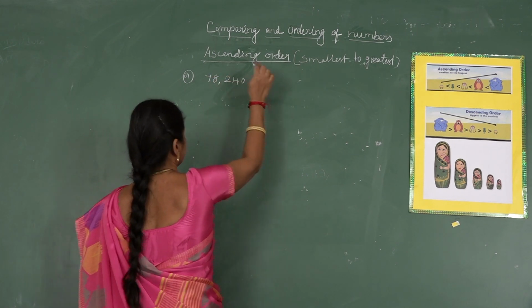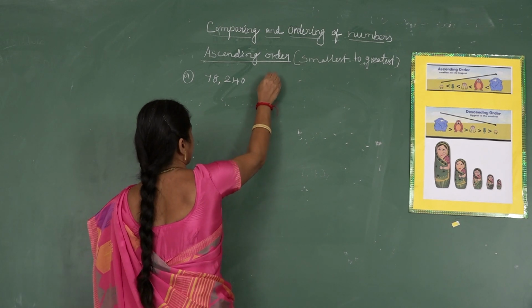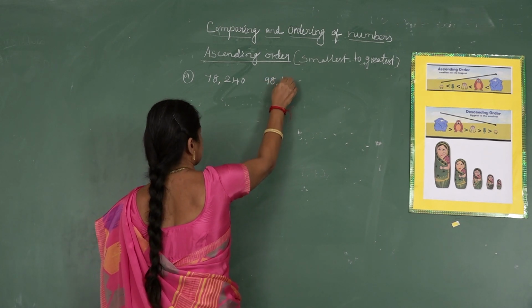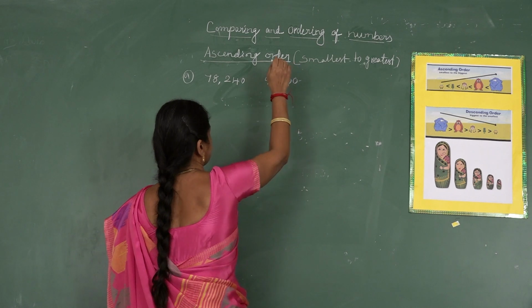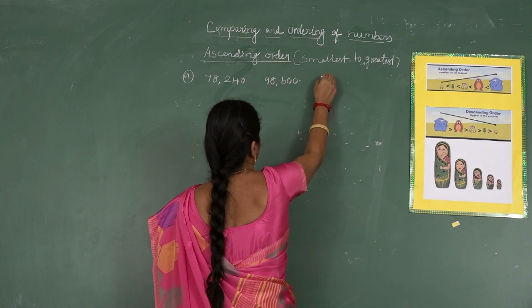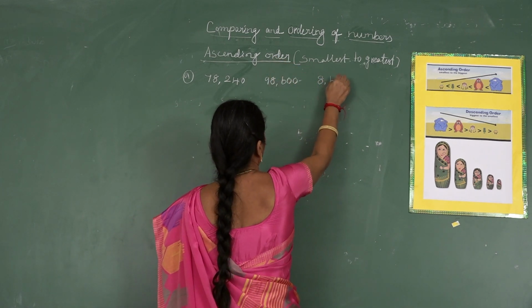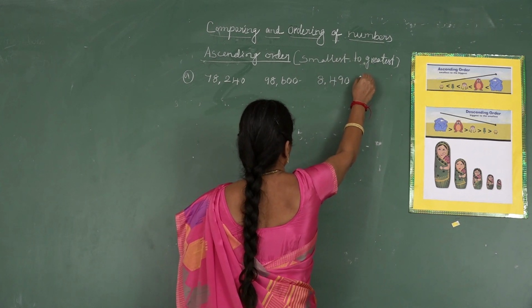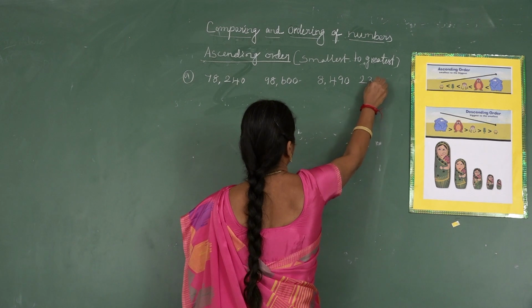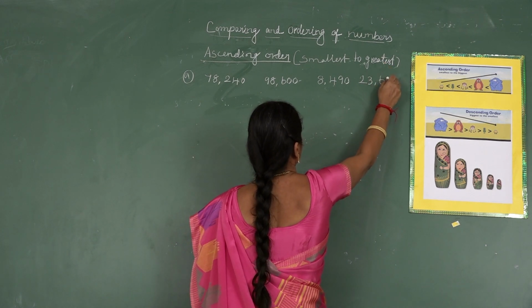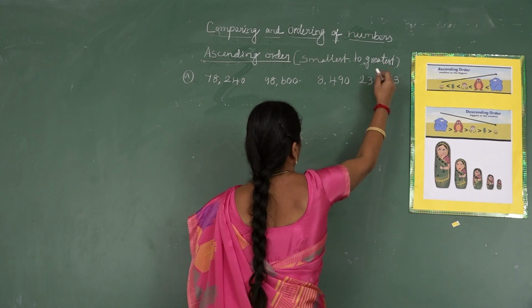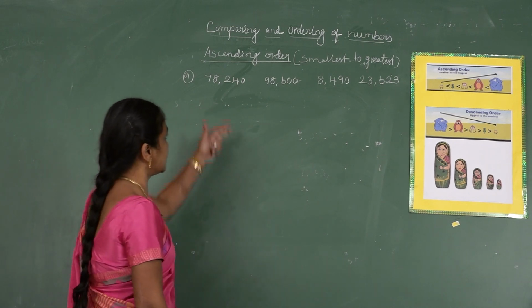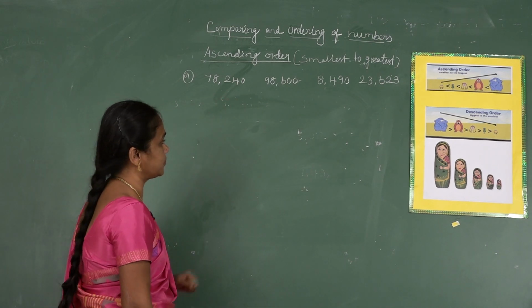78,240, 98,600, 8,490, 23,623. How do you arrange these numbers in ascending order?